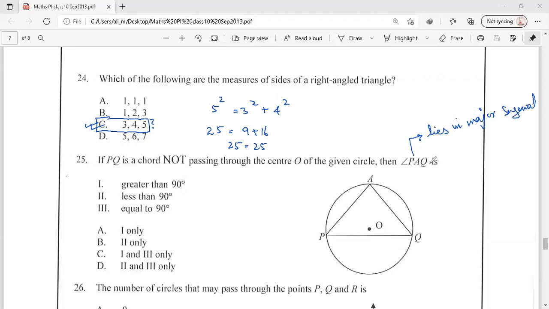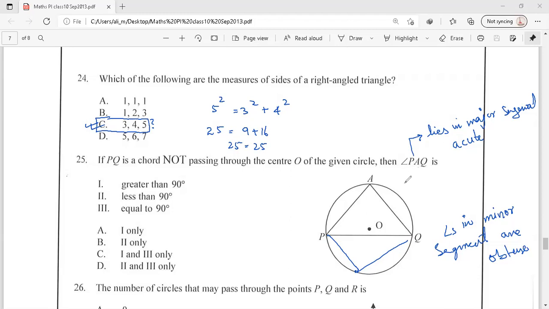So, according to the theorems, the angles in the major segments are always acute, while if this A would lie in the minor segment, angles in the minor segment are always obtuse.